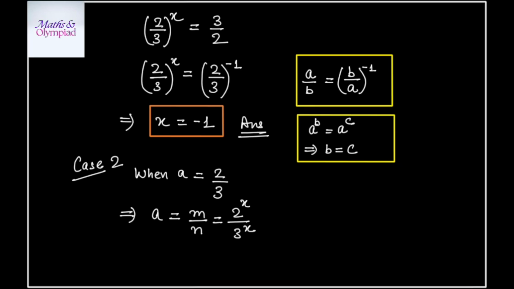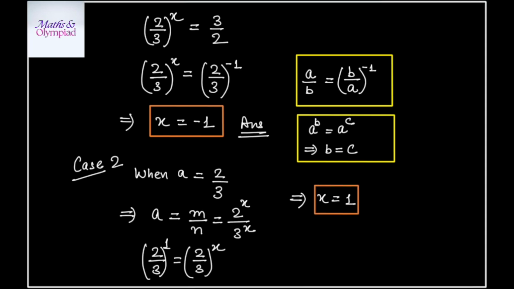So I can write 2 over 3 equal to 2 over 3 whole raised to the power x. Since again bases are same, so we can equate the powers. This implies x equal to 1. So we have got our second solution. So in total we have two solutions for x equal to 1 and x equal to minus 1.